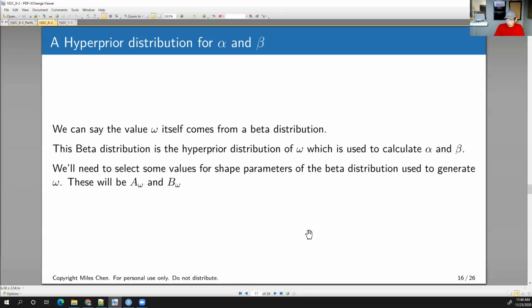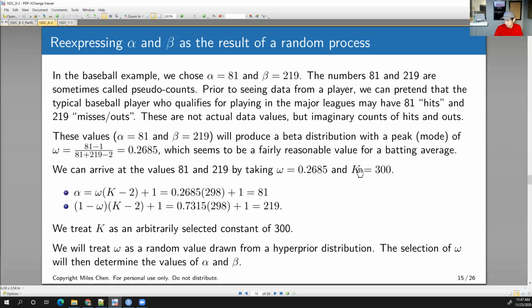We need to figure out the hyperparameters of this beta distribution, which will be A sub omega and B sub omega. We're going to just have to choose these arbitrarily. We're also going to choose K arbitrarily, K being the sum of alpha and beta.